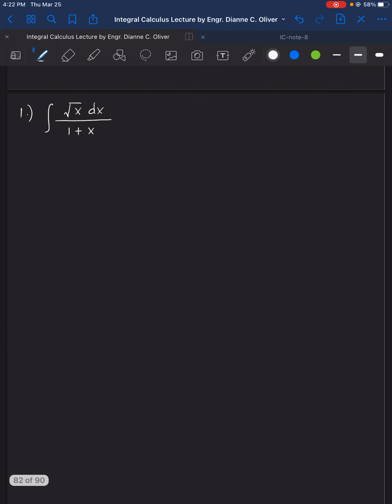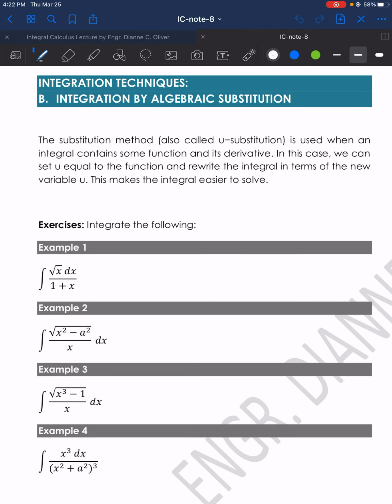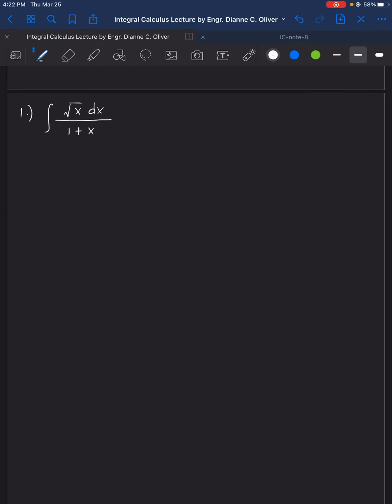Okay, for number 1, we have the integral of square root of x dx all over 1 plus x. You can set u equal to the function and then rewrite the integral in terms of the new variable u.